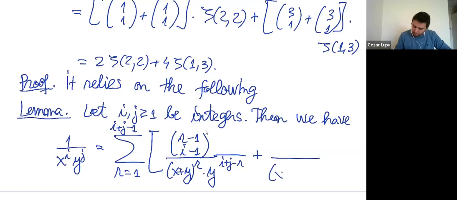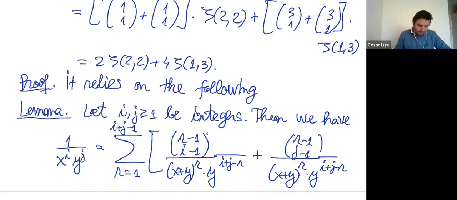the denominator will be the same. And here I'll have r minus 1 choose j minus 1. So I'll have this.